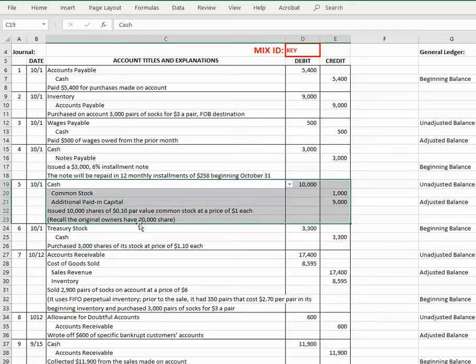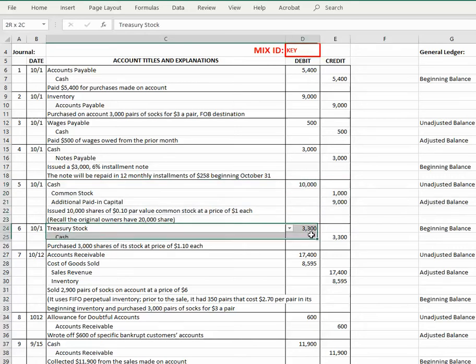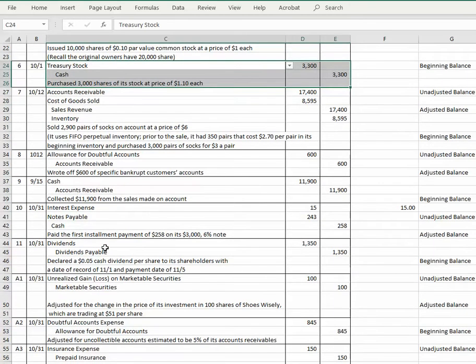They had original shares to the owners of 20,000, so at the point of this issuance, they had 30,000 shares issued. However, in the very next entry, they bought 3,000 of their own shares back. So the number of shares outstanding now, after this entry, is not 30, but 30 minus the 3, or 27,000.